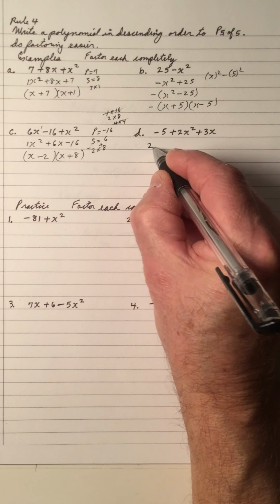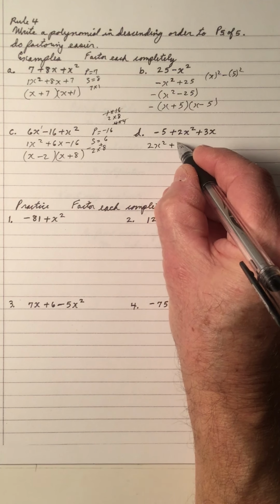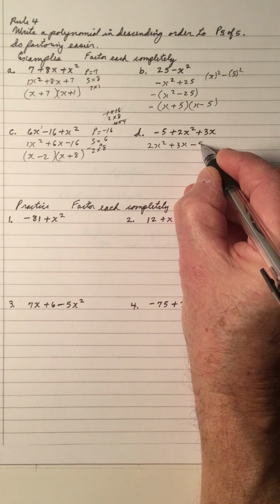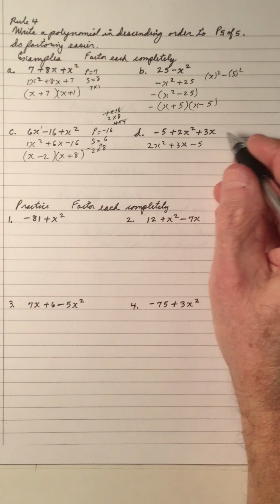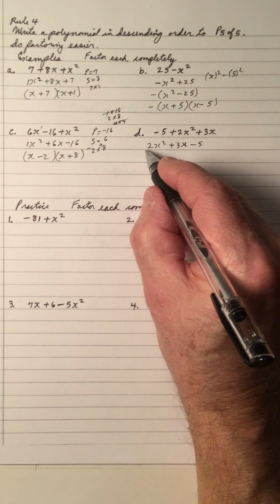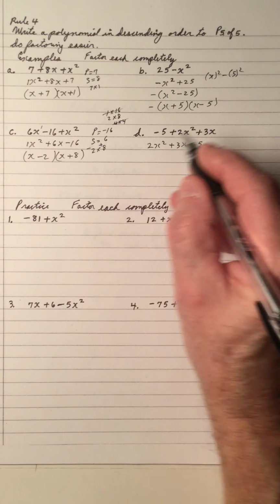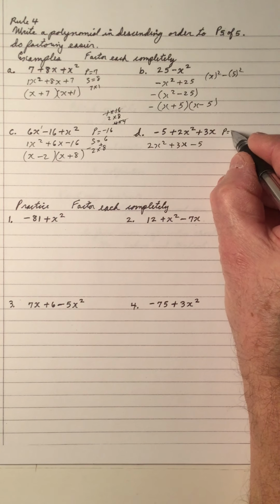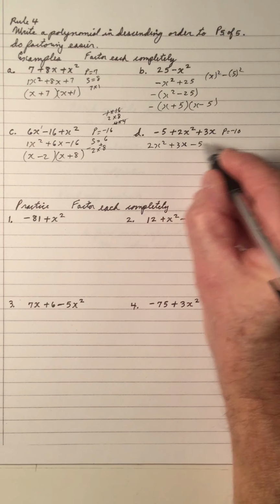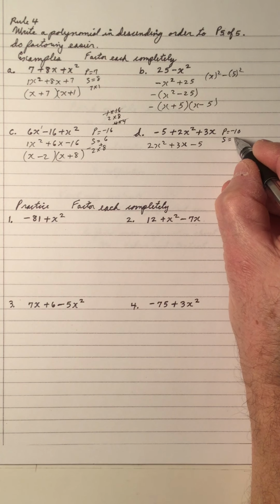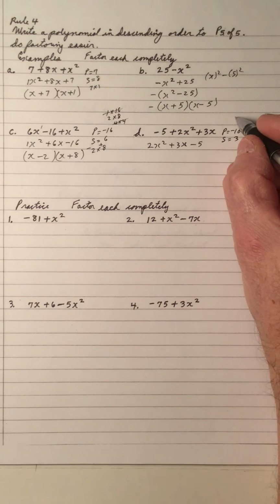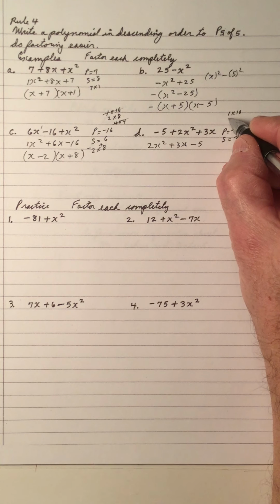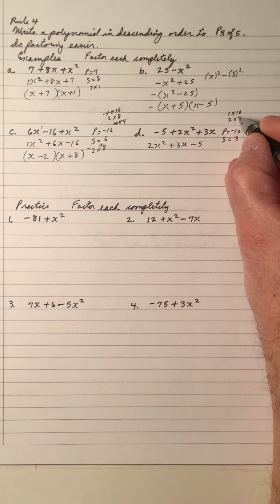Descending order for D. The x squared goes first, so it's 2x squared, then the x, and then the number. Notice we don't change the signs. And this is the one that has no GCF. We got a 2 in front, so the product is 2 times negative 5 is negative 10. Sum is 3. And factors of 10 are 1 times 10 and 2 times 5.